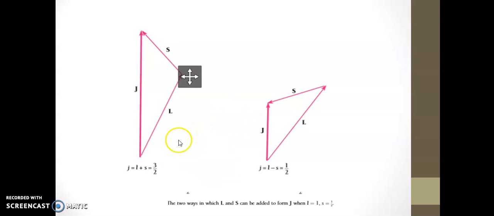The orbital and the spin angular momentum can never align parallel or anti-parallel, and they never align parallel to the total angular momentum either. So they are along different directions.